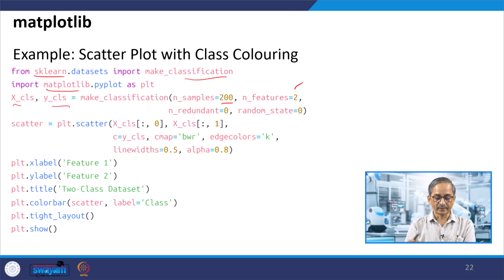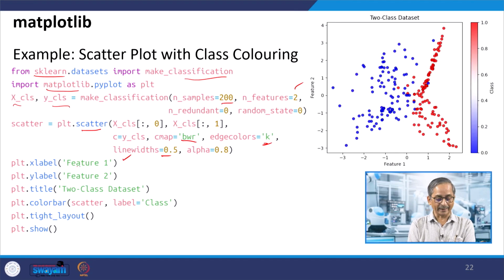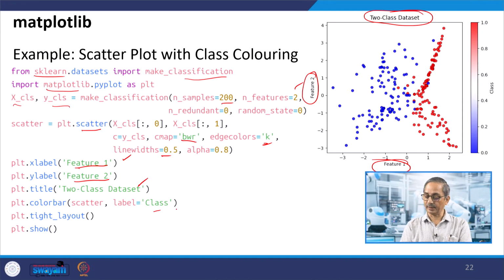So we can have the scatter plot, and here we can have the cmap with blue, white and red. We can have the edge color as black, and X label is feature 1, then Y label is feature 2. This way I can give the title 2 class data set, so you get the title over here, and we can label the class. So this way we can have the classification data plotted.